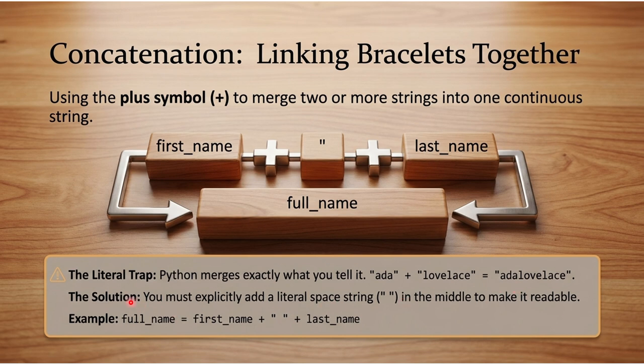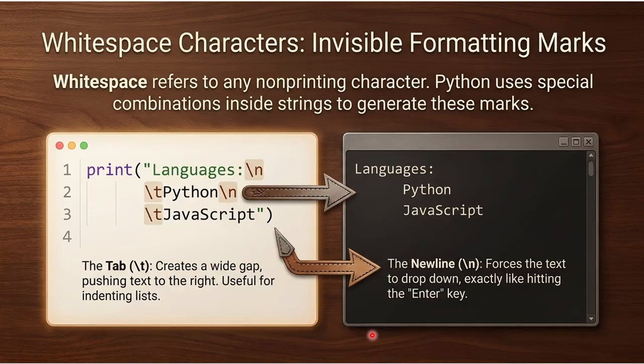The solution is you must explicitly add a literal string, which is this single space in the middle, to make it readable. The example will be first name plus, within double quotes, a single space, and plus last name. Then you will get Ada space Lovelace.